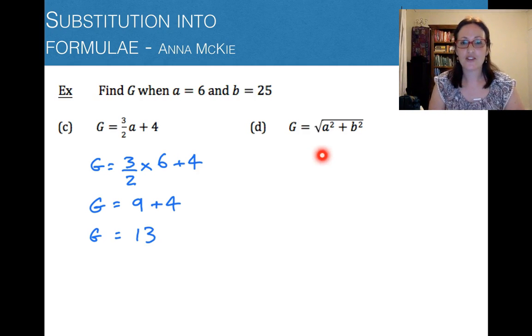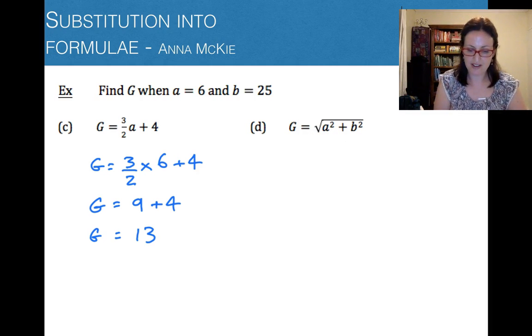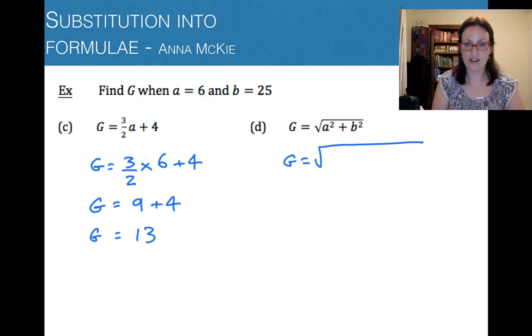Last one here, square root sign and squares. So being careful as we write this out, keeping the equals all lined up. So the square root of A is 6, so 6 squared, add 25 squared, that's a big number. You'll definitely need your calculator for that one.